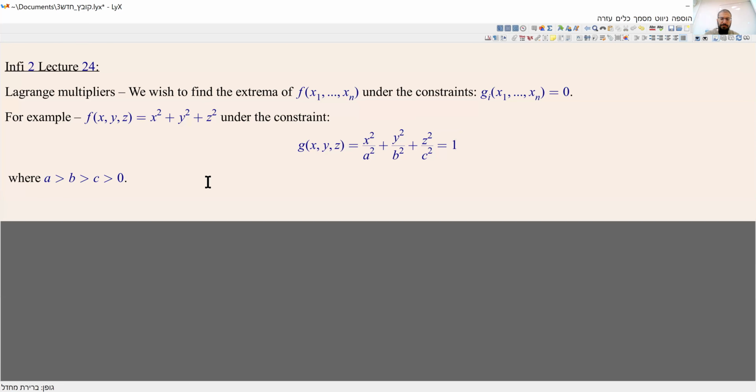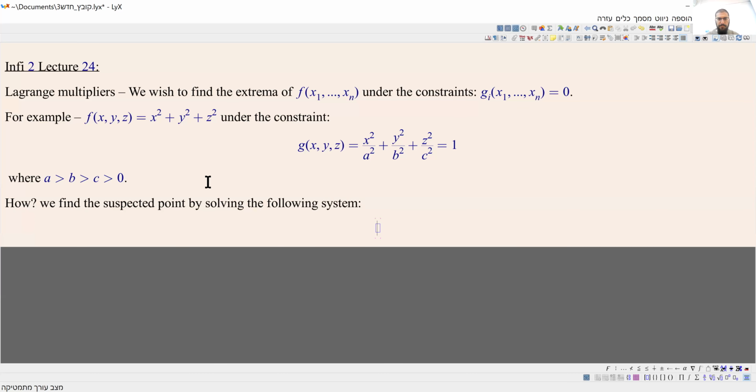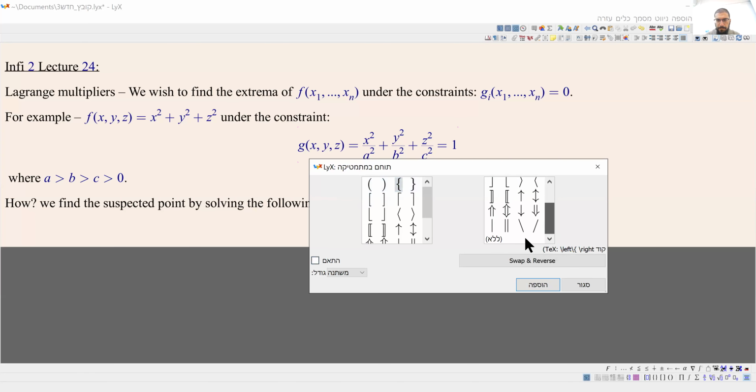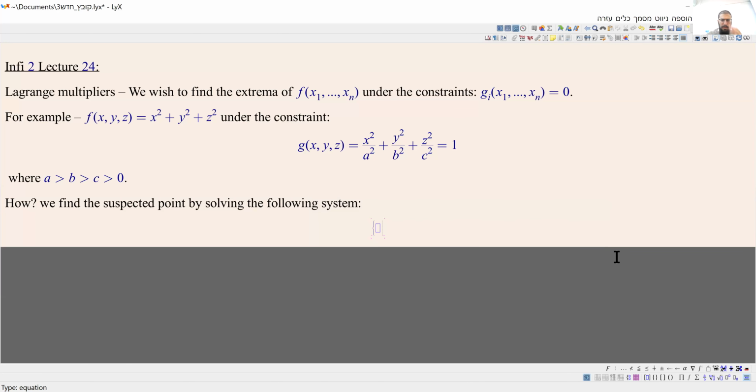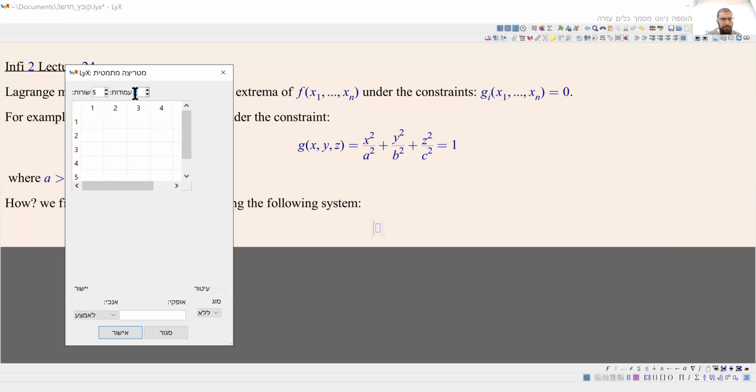How do we do it? How do we find the suspected points? By solving the following system. First of all, the conditions of the constraints in the first part of the system.